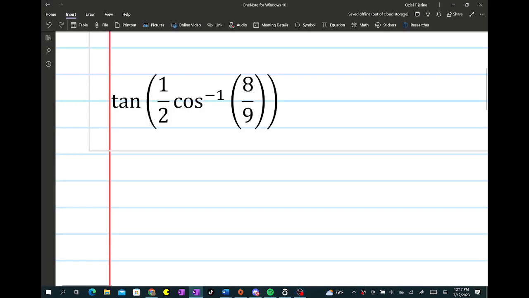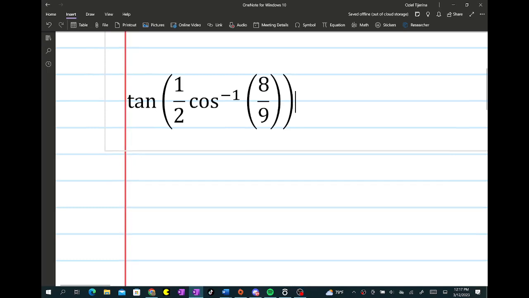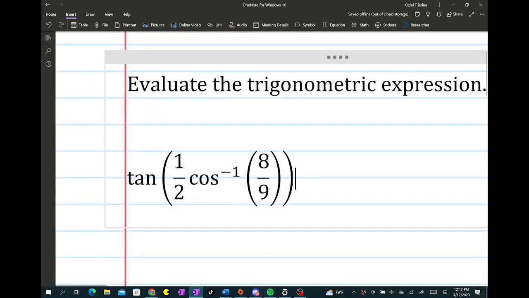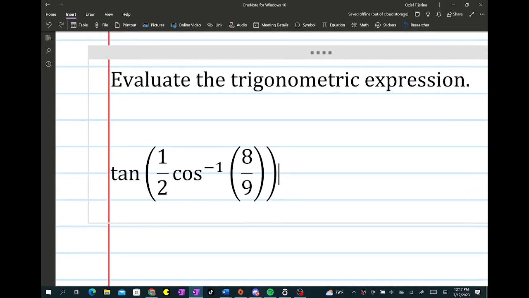So we're going to go ahead and look at this. It's tan of 1/2 cosine inverse of 8 over 9, and we want to evaluate this expression.